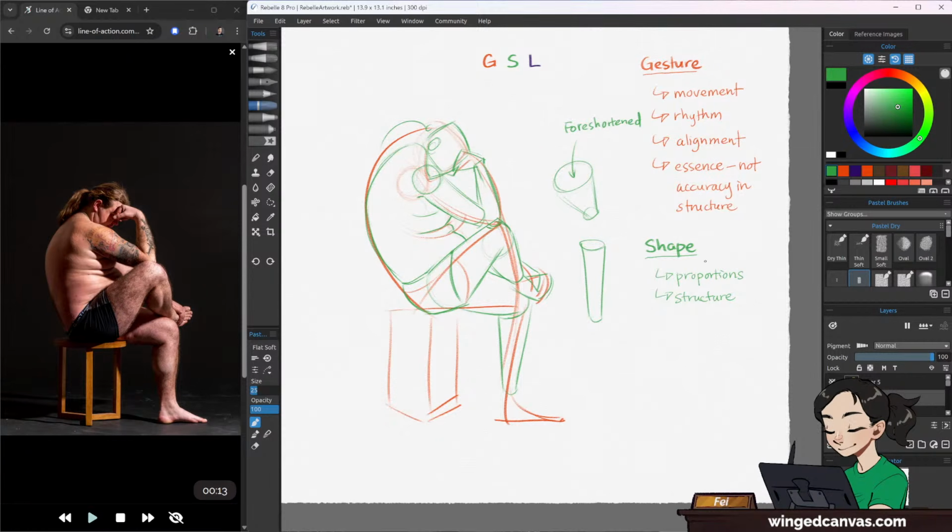And when I'm drawing legs, I always draw cylinders for limbs. The reason why it's much better to draw arms and legs as cylinders where you see the tops and the bottoms, rather than drawing arms and legs like this where you have no idea where the tops and the bottoms are.